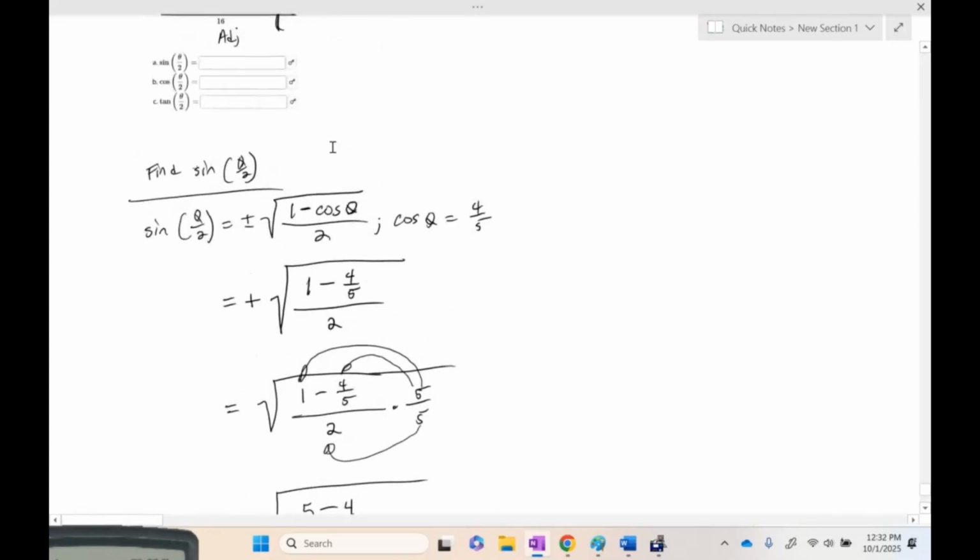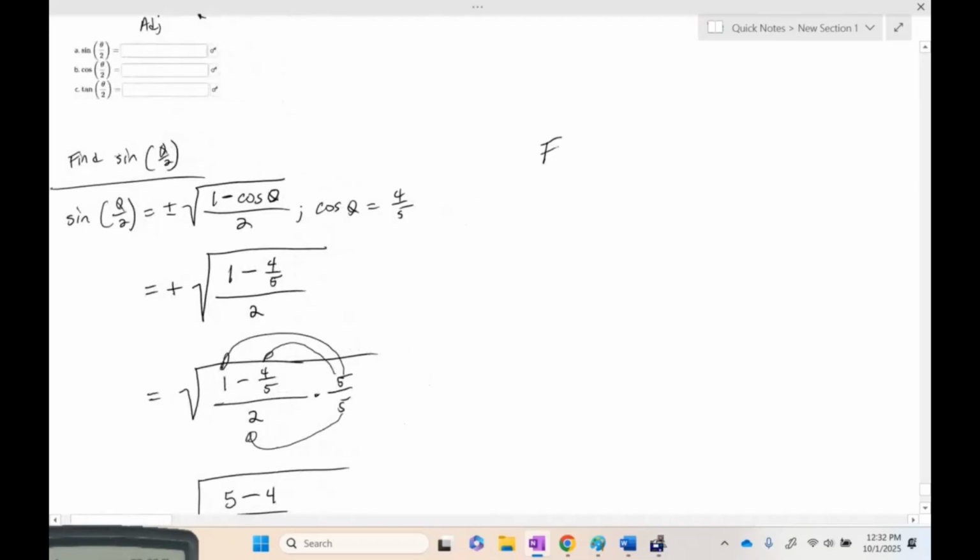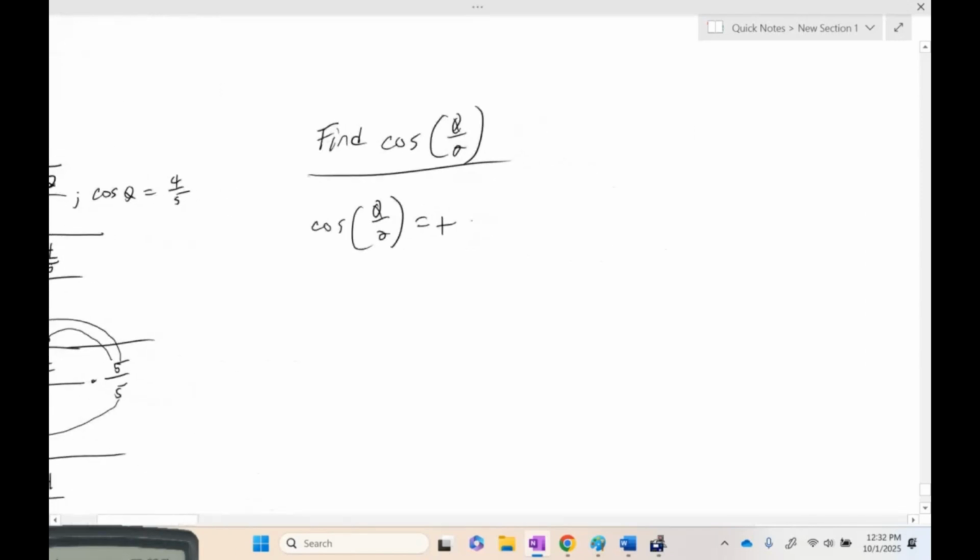Next, we're going to find the half angle for cosine. So I'm going to write the formula. The cosine of theta over 2 is equal to, now it's going to be plus because it's just a triangle hanging out in space. So it's positive times the square root of 1 plus the cosine of theta, over 2.